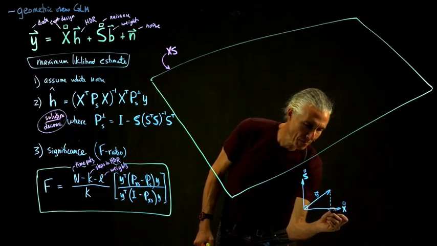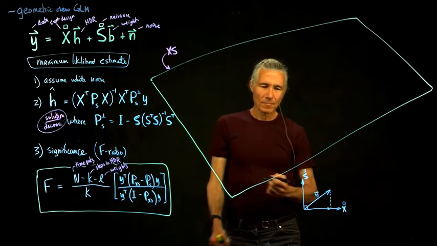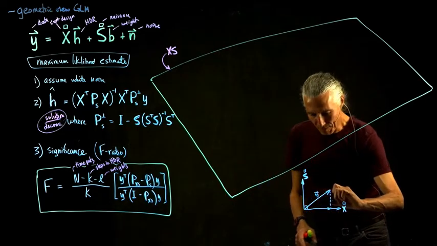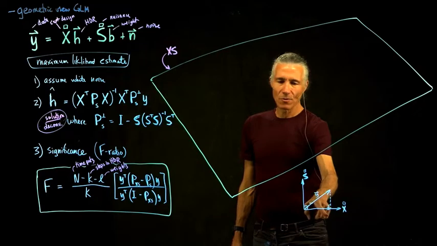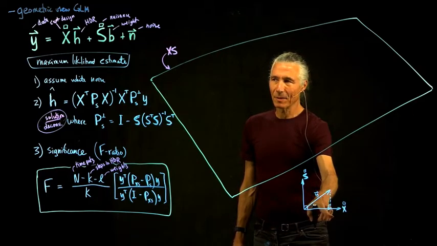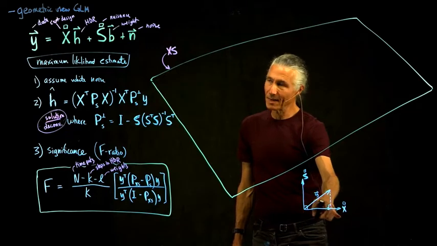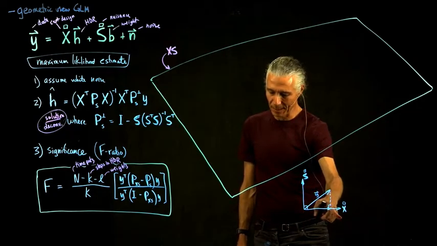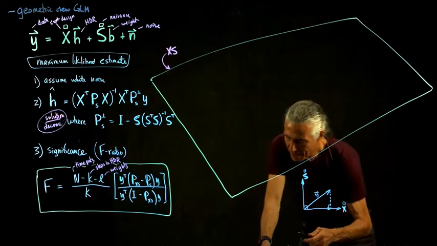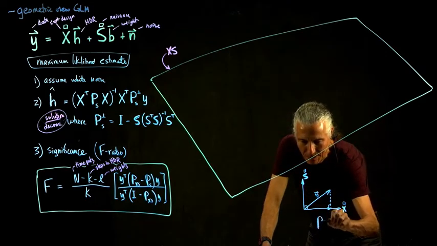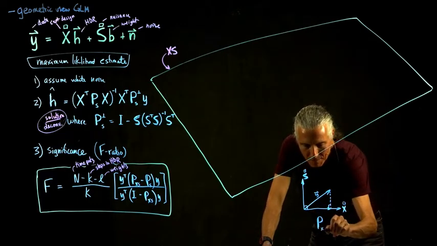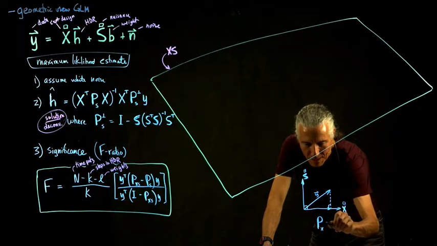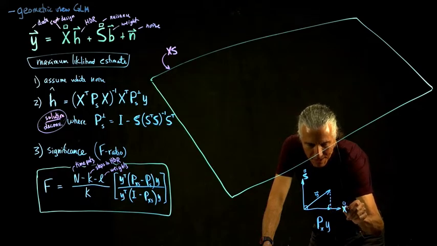If they're perpendicular to each other, then we can just figure out how much of the data is explained by the experimental design by just projecting down that vector to the experimental design space. It's only got 1 dimension in the space, but that's a good enough space. That's still a space. And that's what the P matrices are. The P matrix is basically something that projects a vector down to the X space.